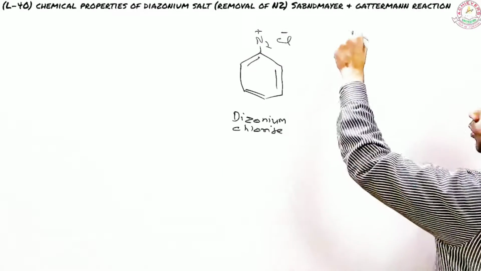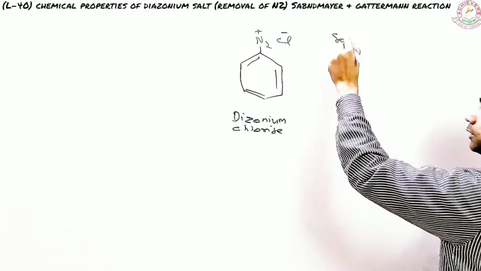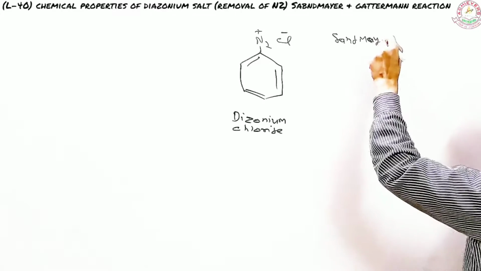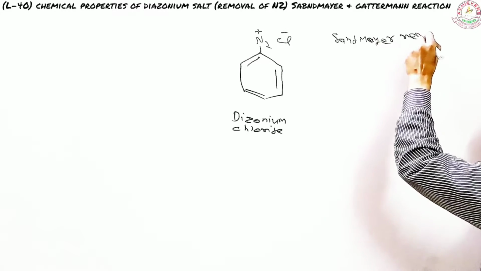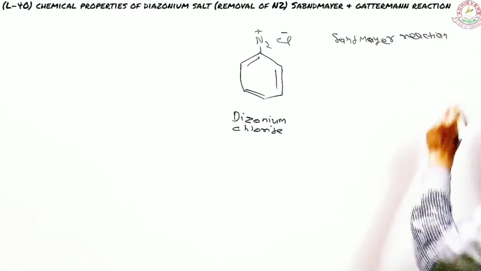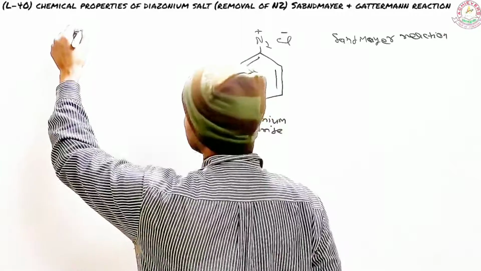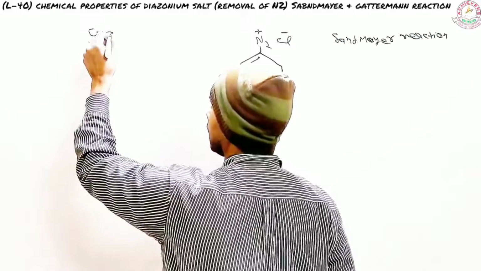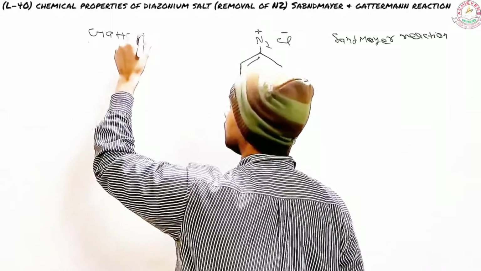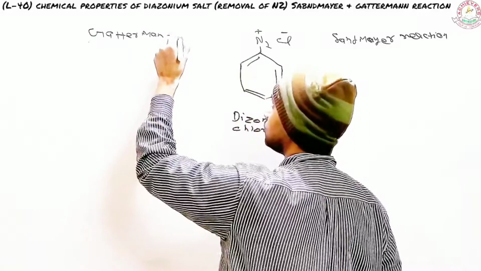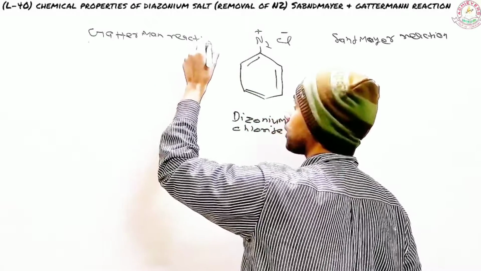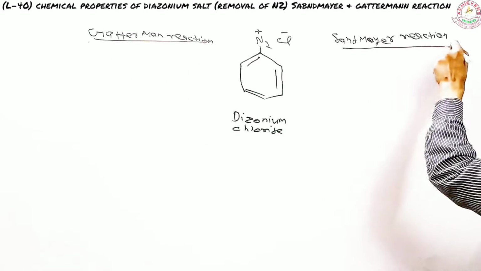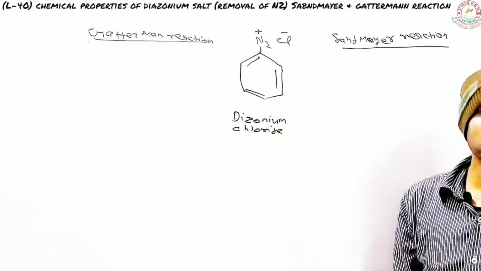On the right side, I am doing the Sandmeyer reaction, but on the left side, I'll be doing the Gattermann reaction. Just pay attention to how this reaction takes place, starting from the diazonium chloride.